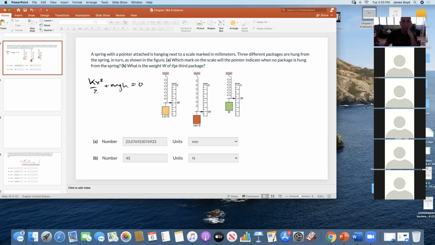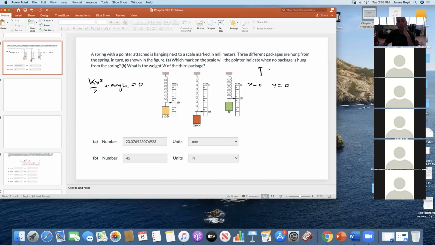Okay, so in order for this to be 0, though, we have to choose this 0 to be our x is equal to 0 and our y is equal to 0. And y has to go up positive. If it doesn't, we're going to get a weird sign issue here.